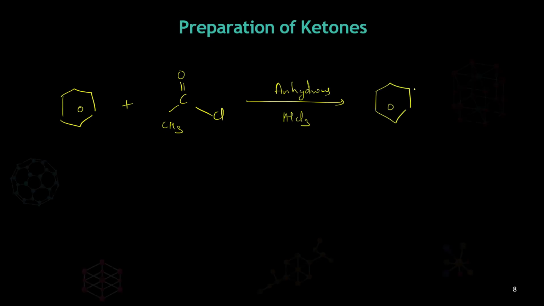Observe where the bond is broken and where the attachment is happening. That is very, very important. See here, I took an aliphatic compound. Let's take an aromatic compound. Let's take an acyl chloride, which is an aromatic compound.